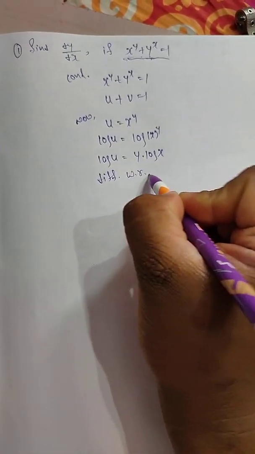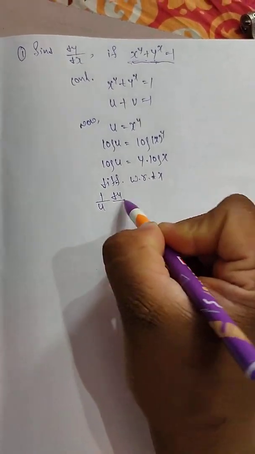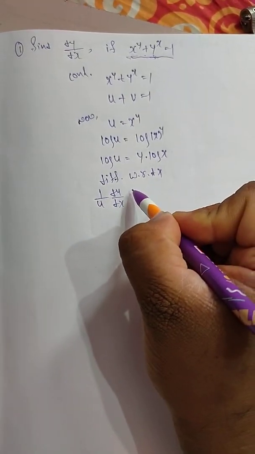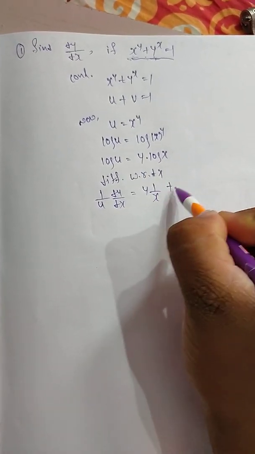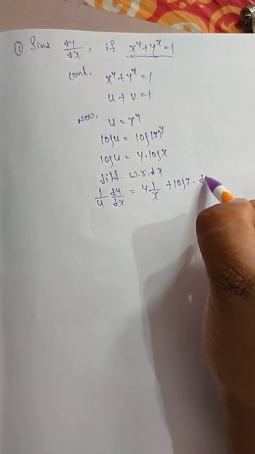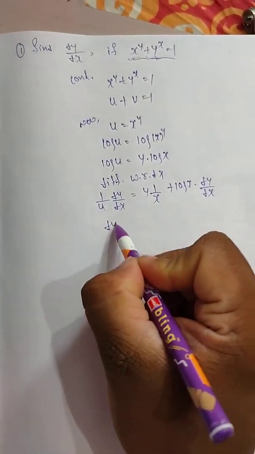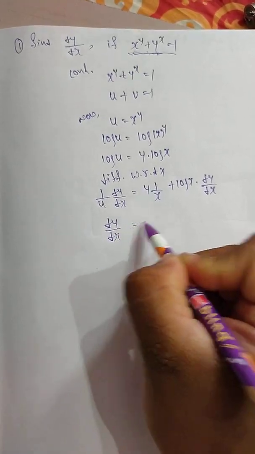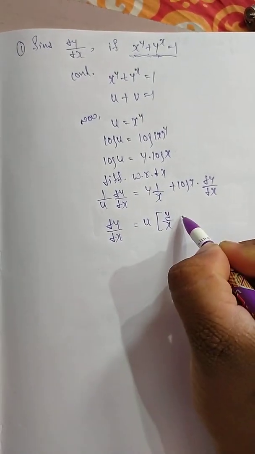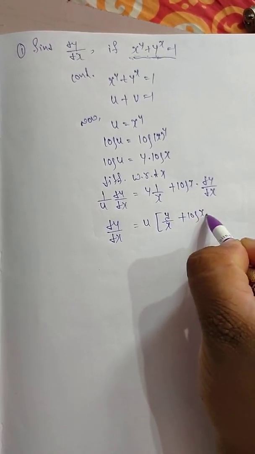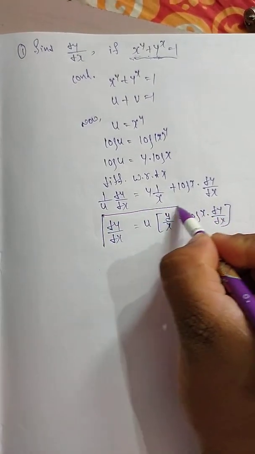The differentiation of log u is 1 by u into du by dx is equal to, keep y as it is, differentiation of log x is 1 by x, plus log x into dy by dx. Now cross multiply the u. du by dx is equal to u into y by x plus log x into dy by dx. So this is du by dx.